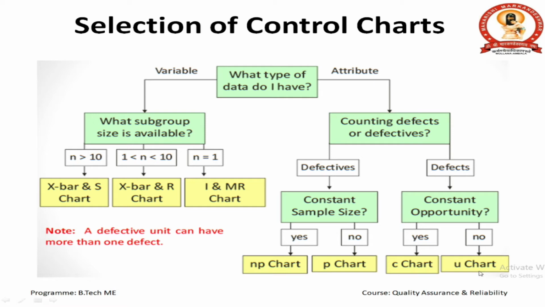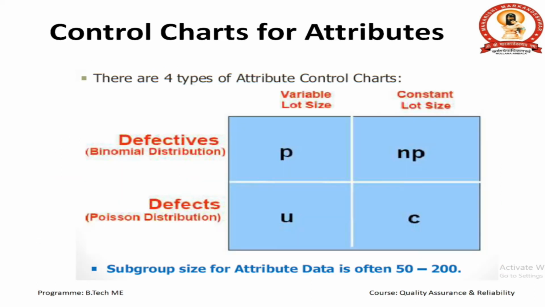So this is the deciding criteria, you can say, we can use to decide which type of chart we should go for. So a defective unit can have more than one defect. Basically, if you go deeper into the attributable charts, then you can see in this particular matrix, we can draw P chart if you have a variable lot size and you want to draw defectives.